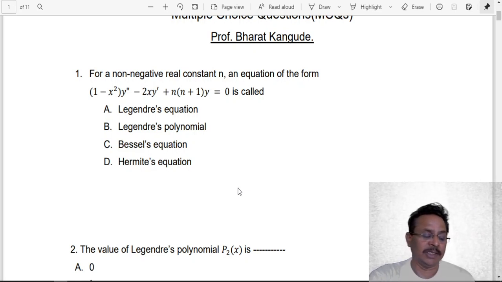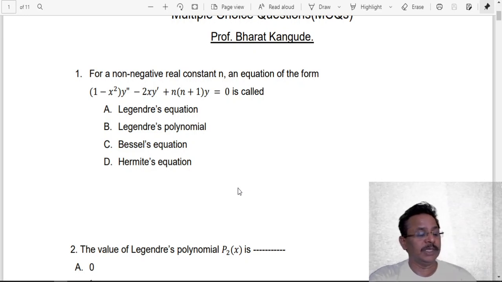So for that, we first must know what are these different types of equations and how to remember these equations. Remembering this equation is not that difficult. I'll just go for a simple revision of what we have done earlier.